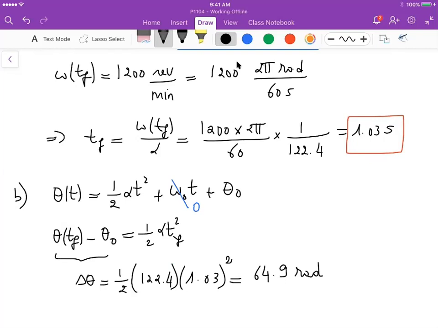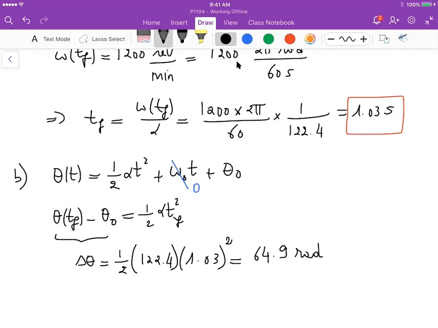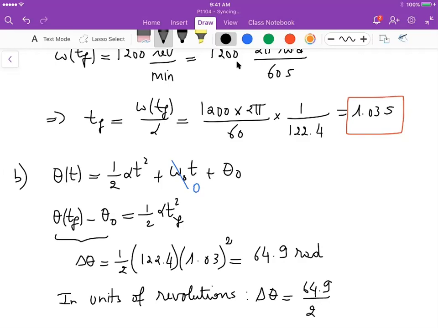Now, if you want to express it in terms of revolutions, we have to divide this value in radians by 2 pi, because one revolution is 2 pi. So delta theta is equal to 64.9 divided by 2 pi, and we get a value of 10.3 revolutions.